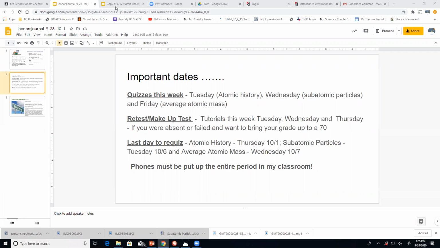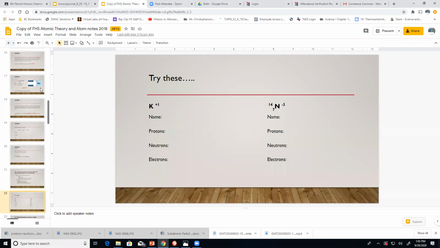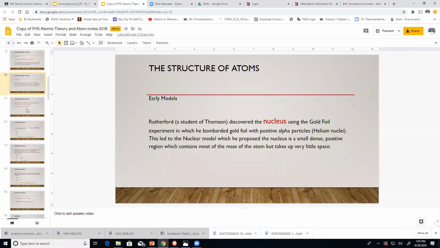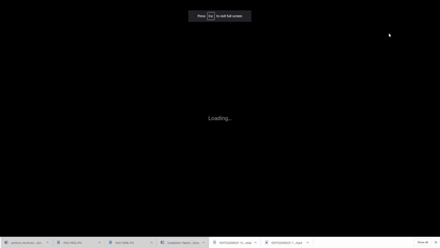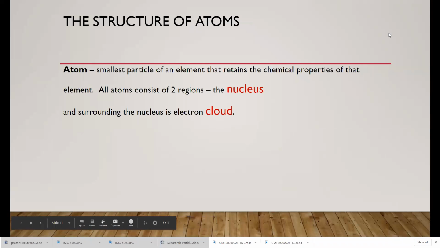All right, so if you'll go to your notes. I think we were right here on our notes. So atom: smallest particle of an element that keeps the chemical properties of that element.